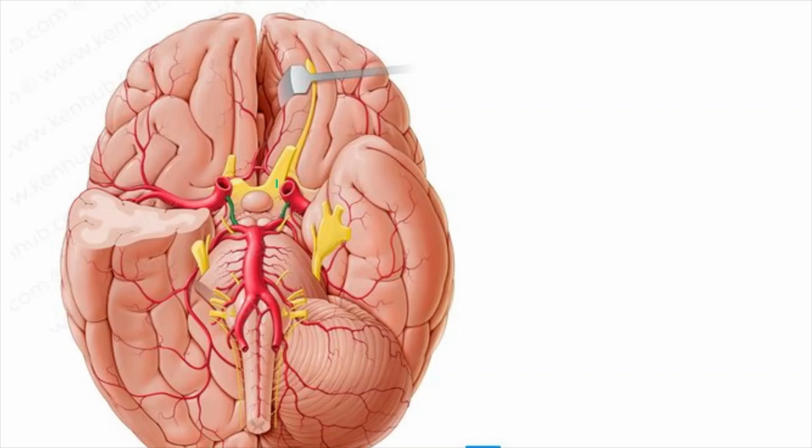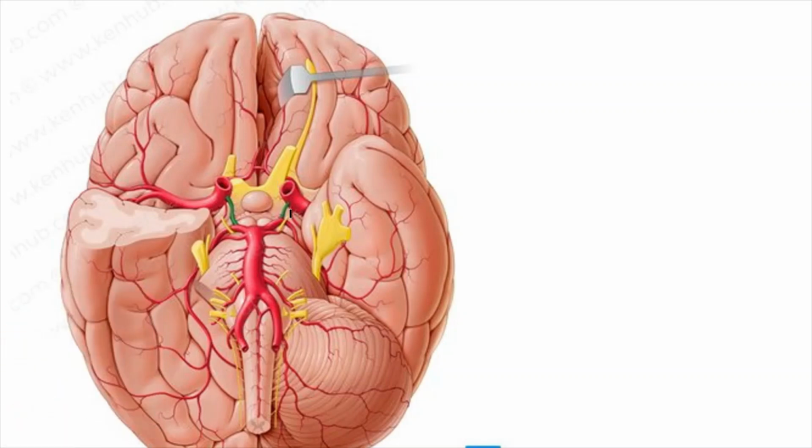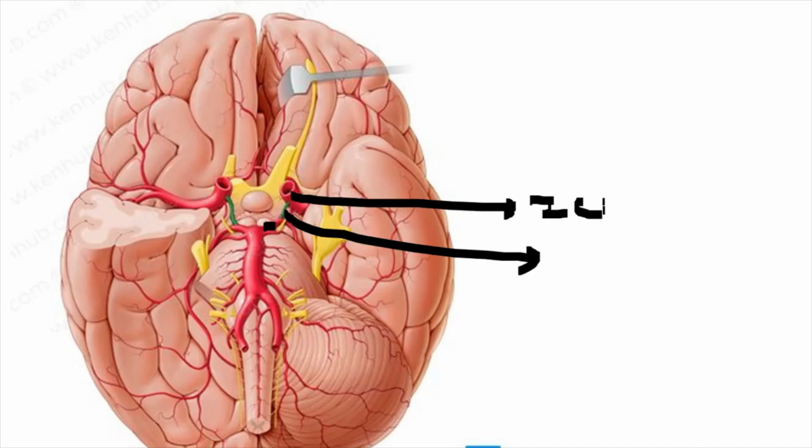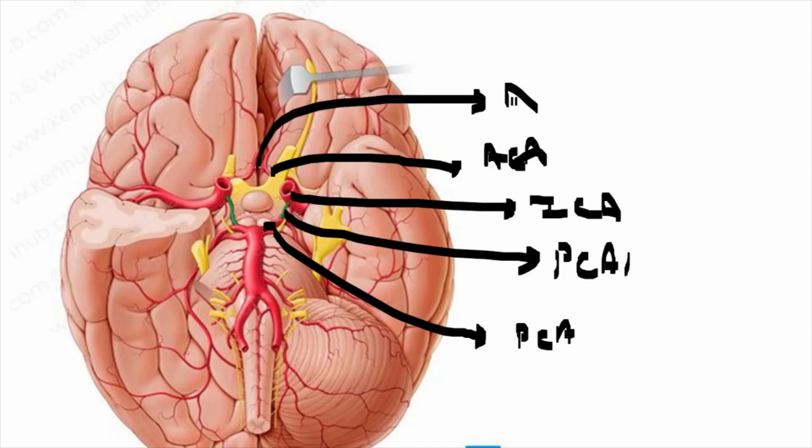I will mark it again. Here the posterior cerebral is going here. This green color marked one is the posterior communicating, then comes the internal carotid artery, posterior communicating artery, posterior cerebral artery, then the anterior cerebral artery, and the anterior communicating. So these are all the paired ones, this is the unpaired one.